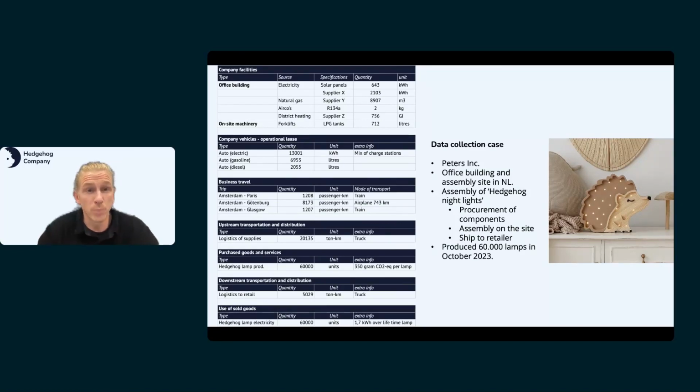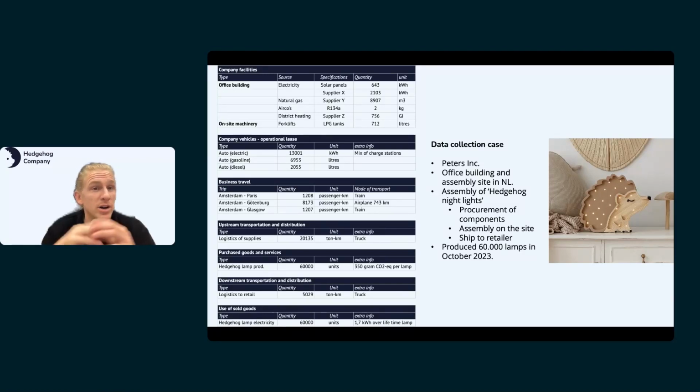It's always important to find out who your electricity supplier is, to find out whether the electricity that you're consuming is green or gray or unknown, of course. In addition to that, we are using natural gas in our assembly site from supplier Y with an amount of 8,907 cubic meters of natural gas.